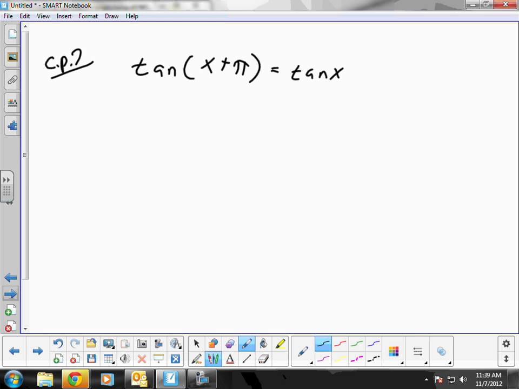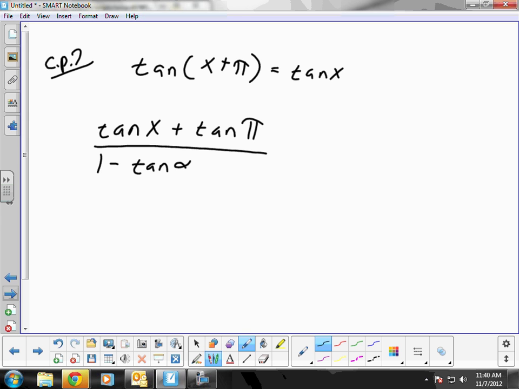So the formula for the tangent of the sum is the tangent of alpha, so it's the tangent of x, plus the tangent of beta, the tangent of pi, over 1 minus the tangent of x times the tangent of pi.